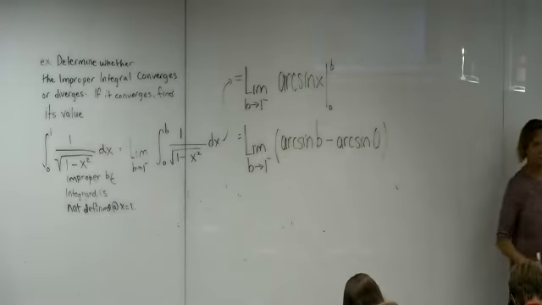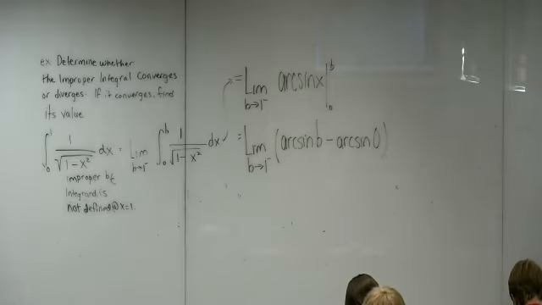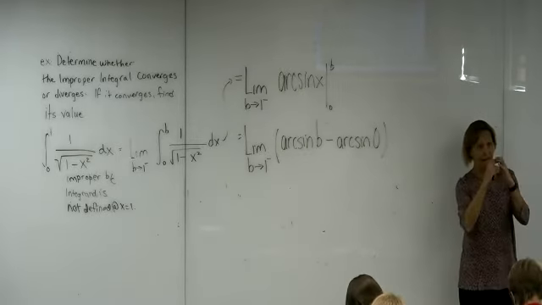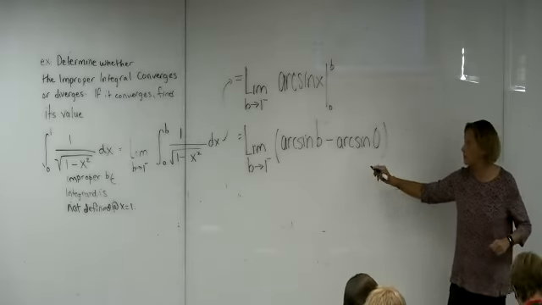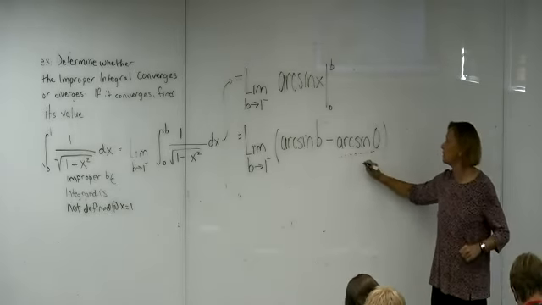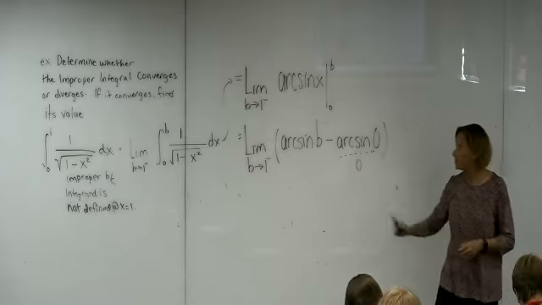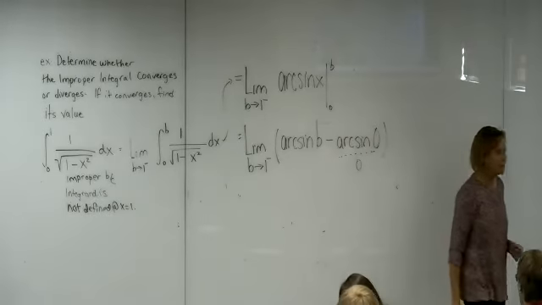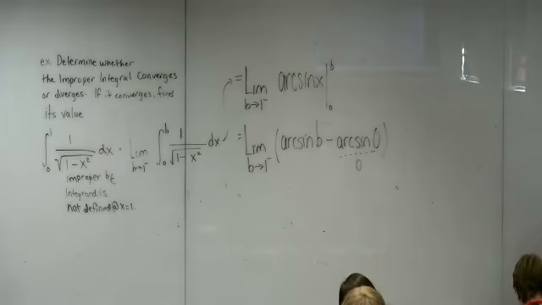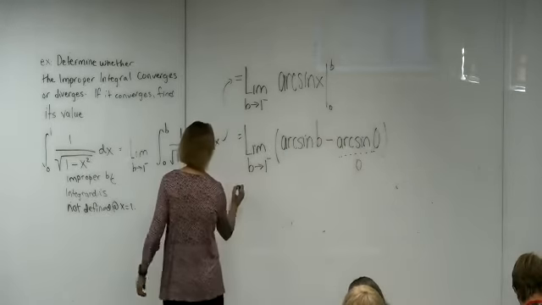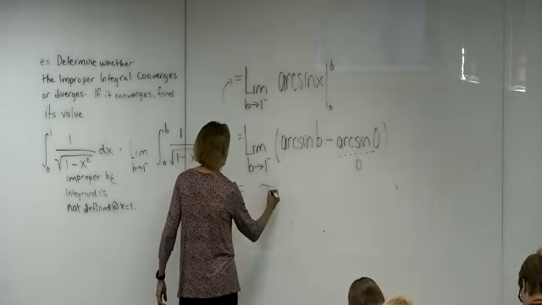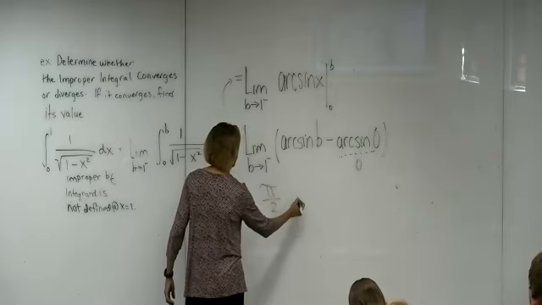What's the arc sine of 0? It should be 0, because the sine of the angle 0 gives us 0. So this number here is 0. This approaches the arc sine of 1. Is there an angle that we take the sine of to get 1? Pi over 2. So this integral converges, and it converges to pi over 2.